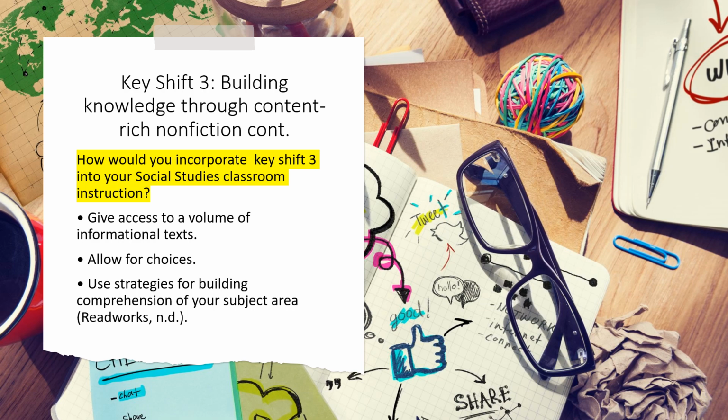A lot of districts pay subscriptions to these platforms, which offer a plethora of selections. Grab their attention. Choose informational texts that build content knowledge and strengthen academic vocabularies. Offer choices. These choices can be linked to the subject area that you're learning, and use strategies for building comprehension of the subject area.